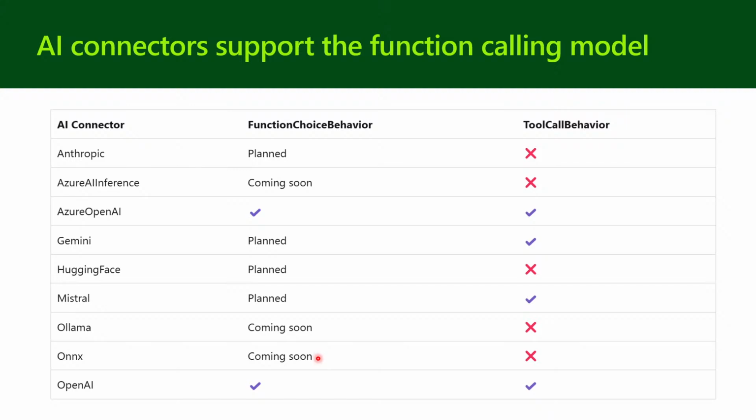So if you are using any of the other AI services, you cannot use this auto function calling feature, and then you need to do a manual one. But yeah, it's coming soon, or it's planned. You need to follow what's going on. Okay.